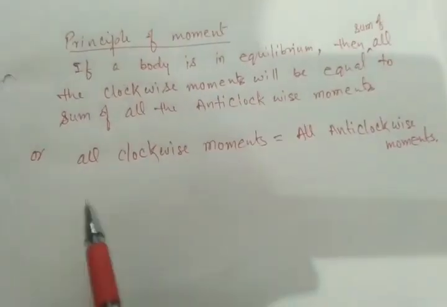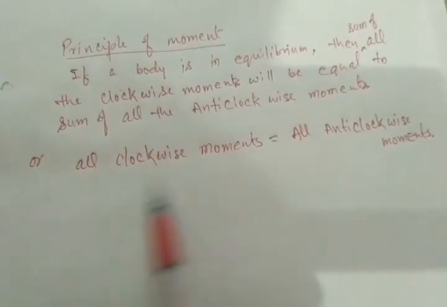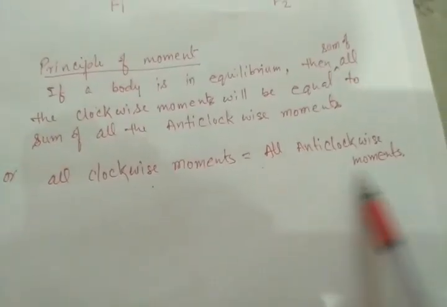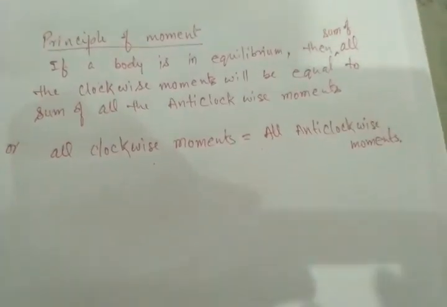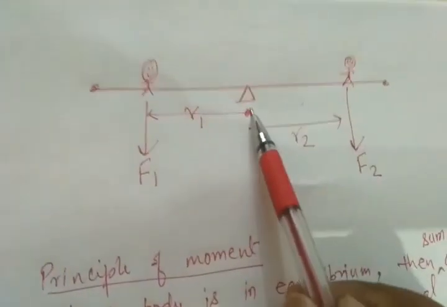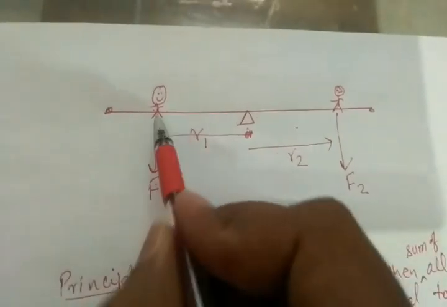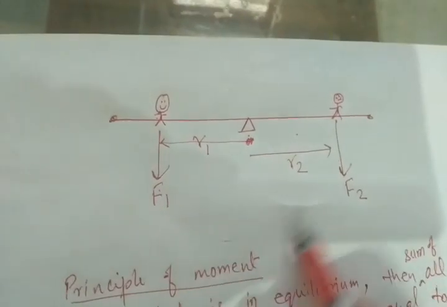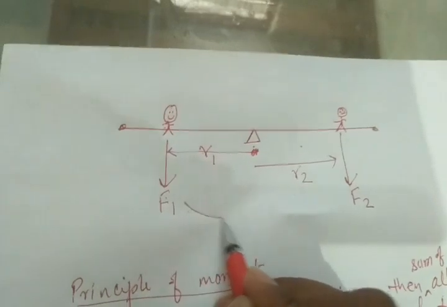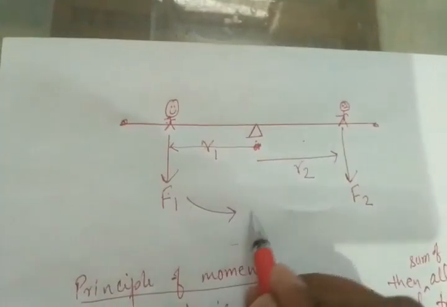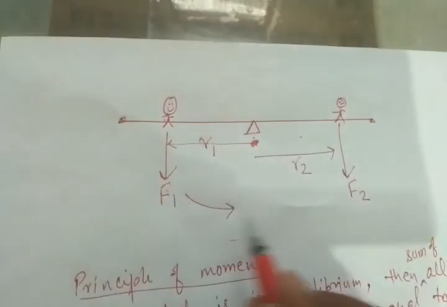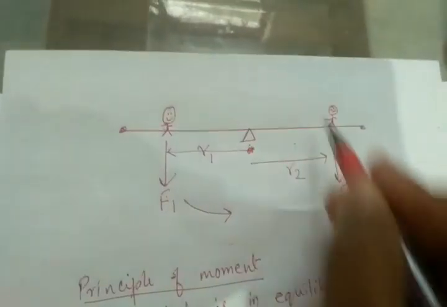In short, all clockwise moments are equal to all anti-clockwise moments. Taking this point as the axis of rotation, this weight is turning the scale in the anti-clockwise direction.